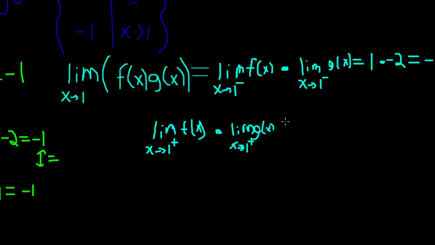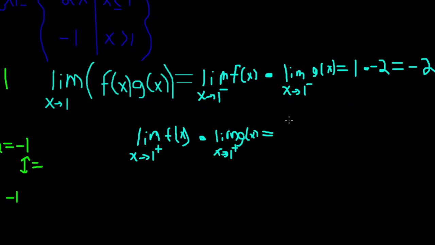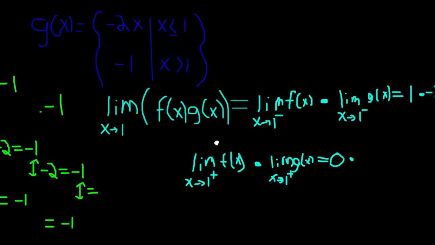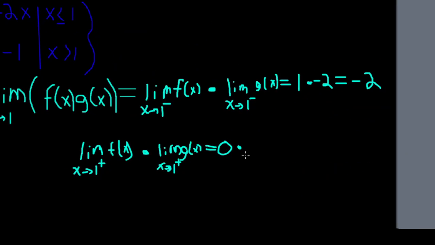It's awful handwriting. All right, so x is a little bit greater than 1. We're going to use this part, and we're going to plug in 1, we get 0. Then times this other part, which is going to be a little bit greater than 1. We're going to use this, and we get negative 1. This multiplies to 0.